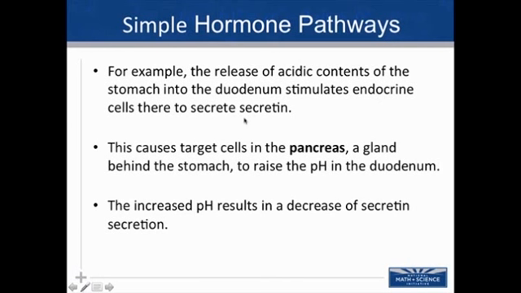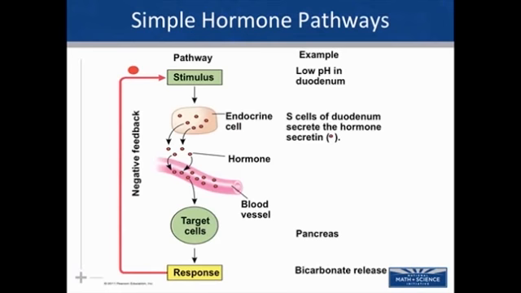When secretin is picked up by the bloodstream, it has target cells that are in the pancreas, and those cells are going to release bicarbonates, and the bicarbonates, as shown in this diagram, are the response that actually causes the condition to be more alkaline instead of acidic, and that would stop this stimulus.